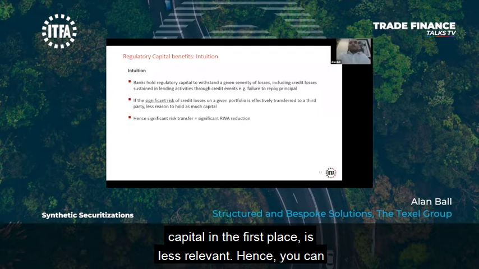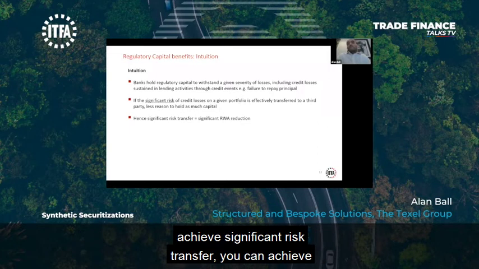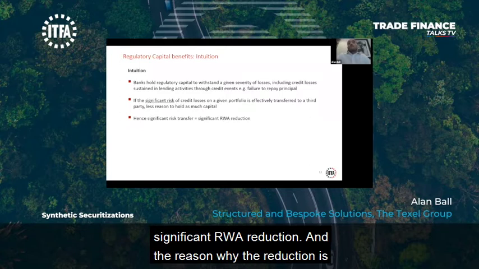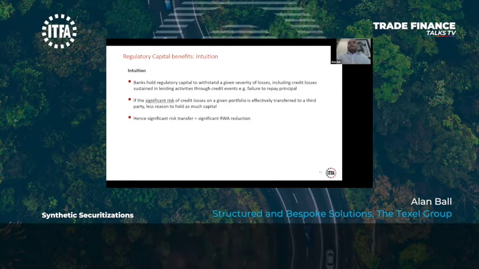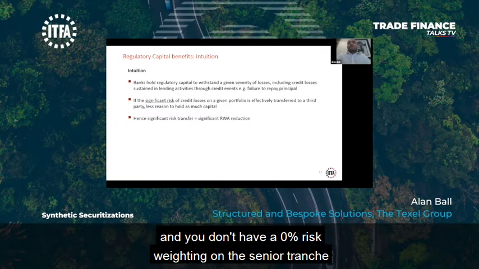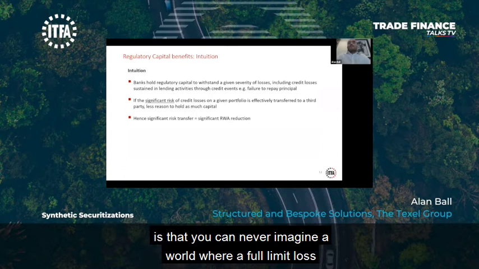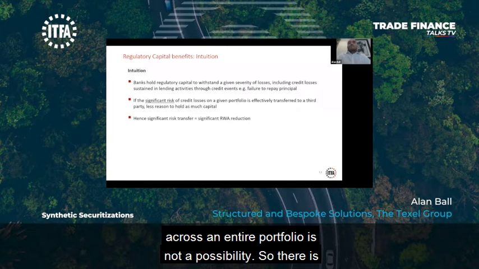Hence, if you can achieve significant risk transfer, you can achieve significant RWA reduction. And the reason why you don't have a 0% risk weighting on the senior tranche is that you can never imagine a world where a full limit loss across the entire portfolio is not a possibility.